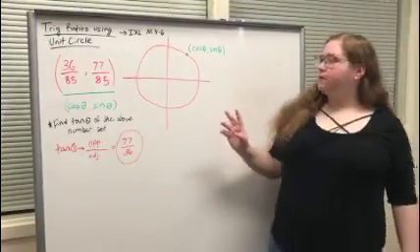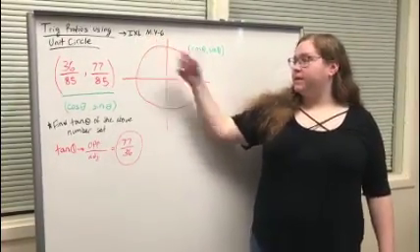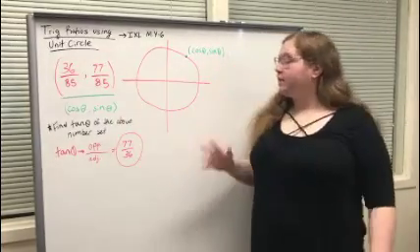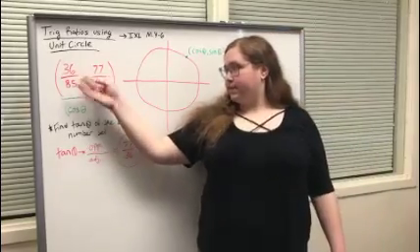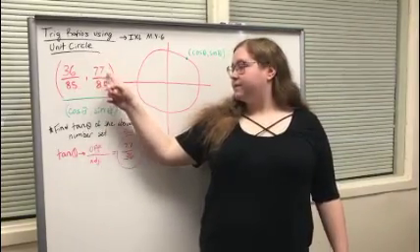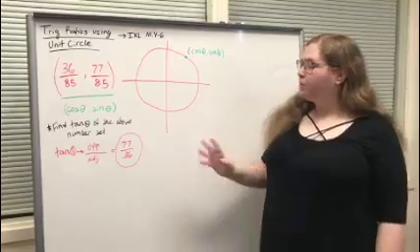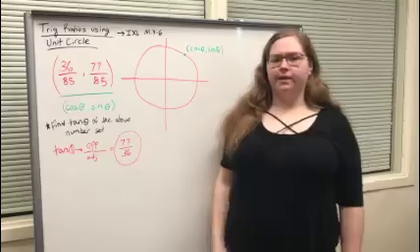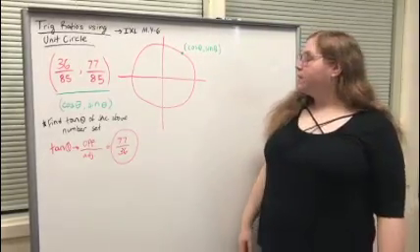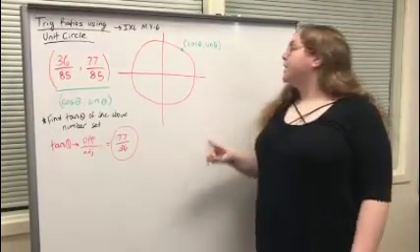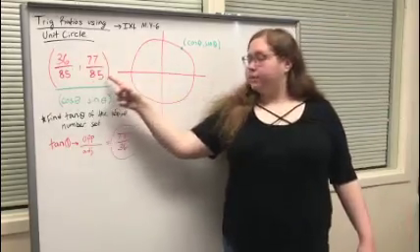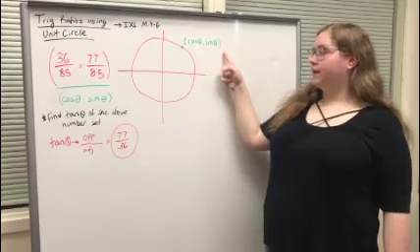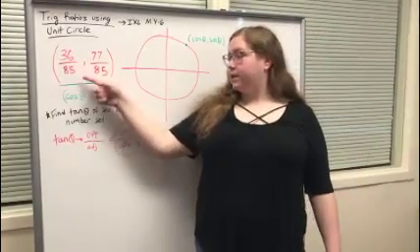This example comes directly from IXL MY6, in which we solve trig ratios using the unit circle. So in this problem, we're given this number set, 36 over 85 and 77 over 85. What we're trying to find here is the tan theta of this number set. Well, how do we do that? One thing that I mentioned earlier is that any set of numbers on the unit circle is equivalent to cosine theta, sine theta, and that applies to this number set here.